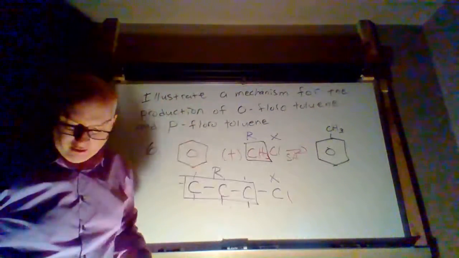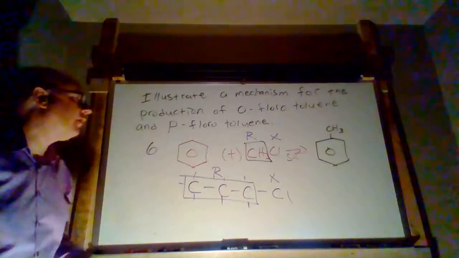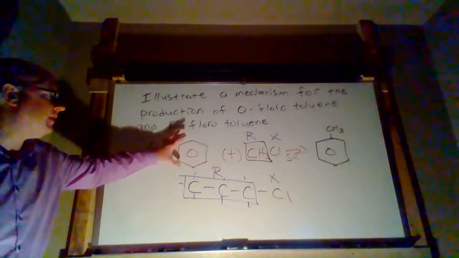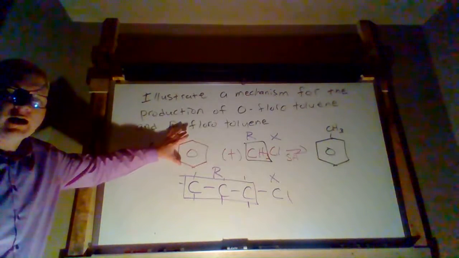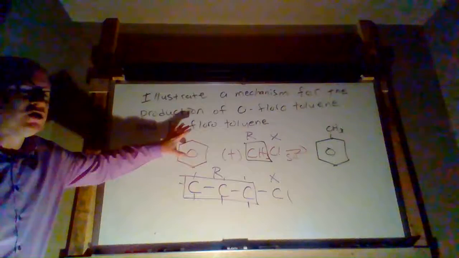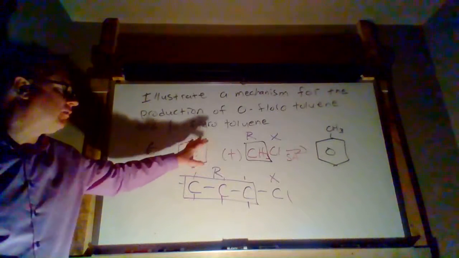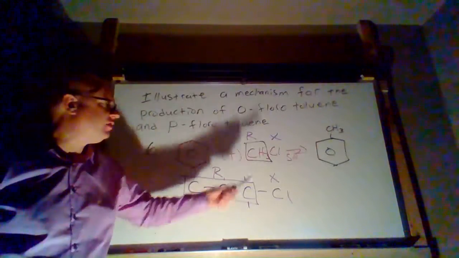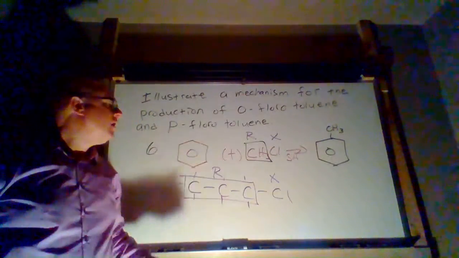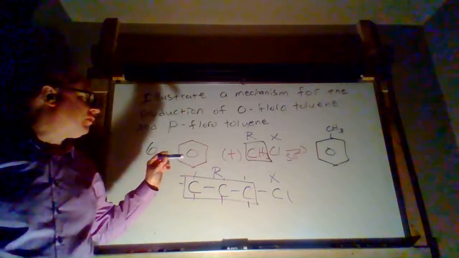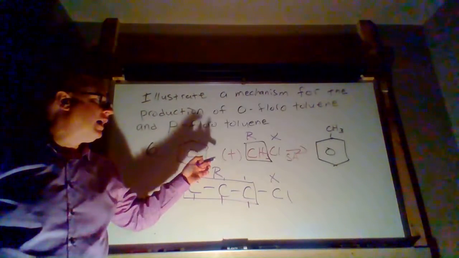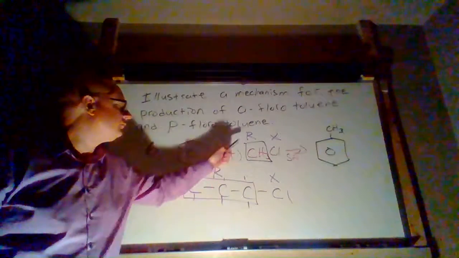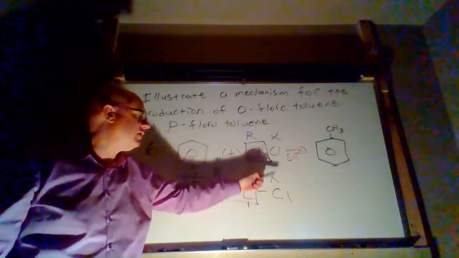So on your flow chart, if you're looking to see how this reaction would proceed, what you're seeing is we're starting in the middle, where you have your benzene ring, and you're looking to see what you're reacting that with. And in problem number 6, we see we got methyl chloride. It's just CH3Cl. So what that is illustrating in that chart is that any alkyl group is any type of R, and an X is any halogen.